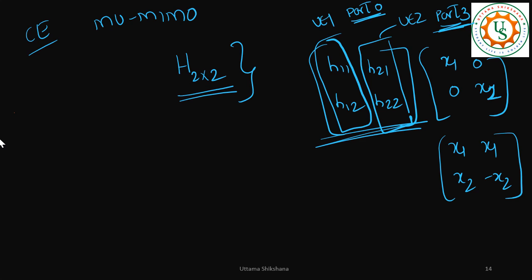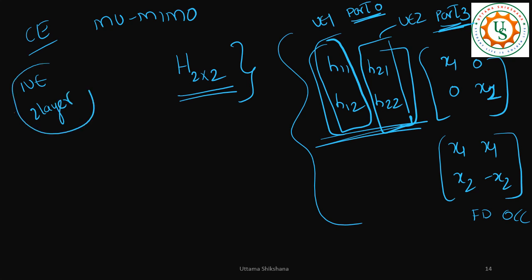Now this kind of channel estimation we already saw, right? In this case we saw frequency domain OCC, because this is now similar to the 1 UV 2 layer case. MIMO channel estimation we have seen. The only thing is that we are clubbing the channels of these two UVs and performing the channel estimation together.